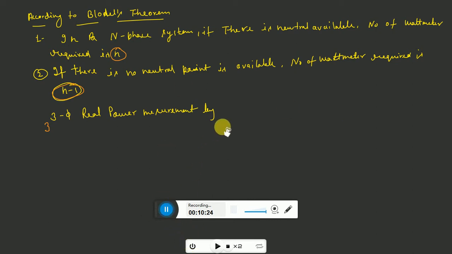So here we calculate the power of a 3-phase 3-wire system with the help of the 2 wattmeter method.